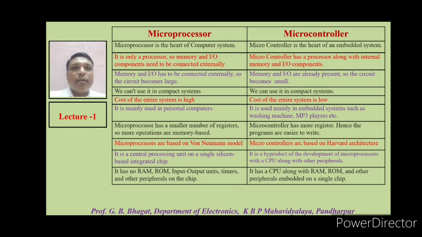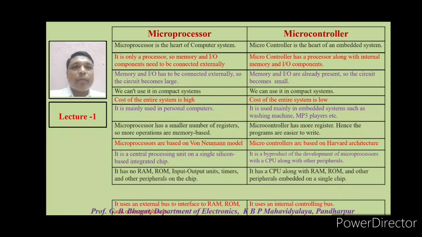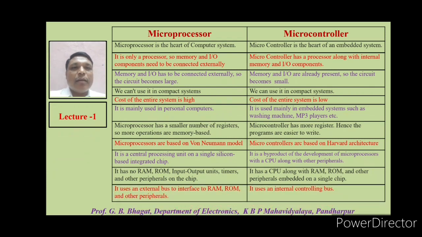The next, microprocessor has no RAM, ROM, input output units, timers and other peripherals on the chip, but microcontroller has its own CPU along with RAM, ROM and other peripheral devices embedded on a single chip. Microprocessor uses an external bus to interface RAM, ROM and other peripherals, but microcontroller uses an internal controlling bus.